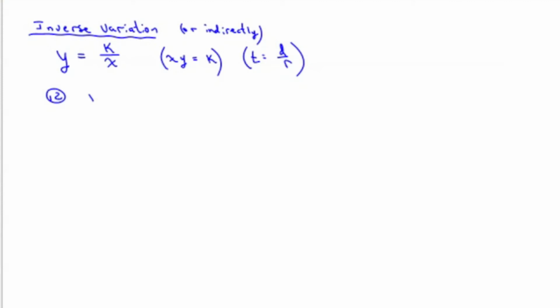All right, what is the part 1 information that they gave you? Y equals 2.4 and x equals 0.09. Okay.